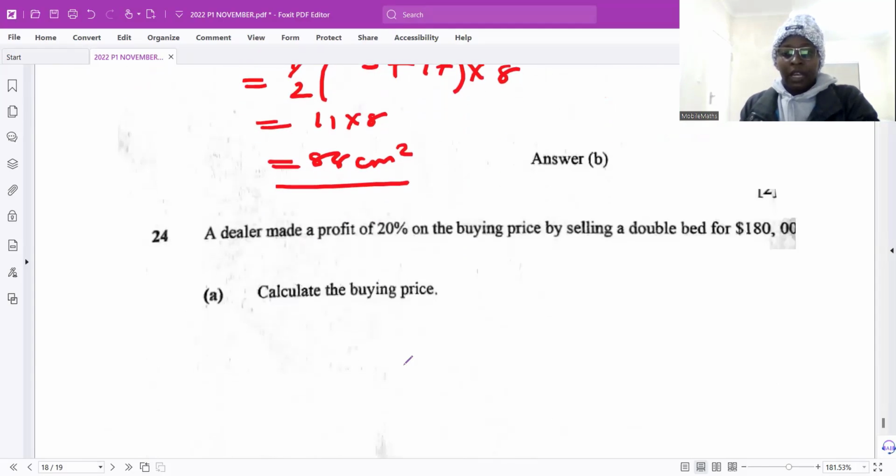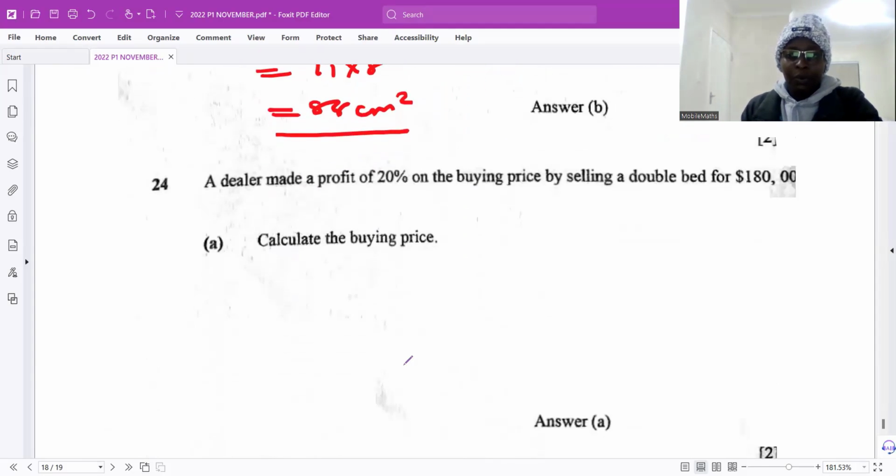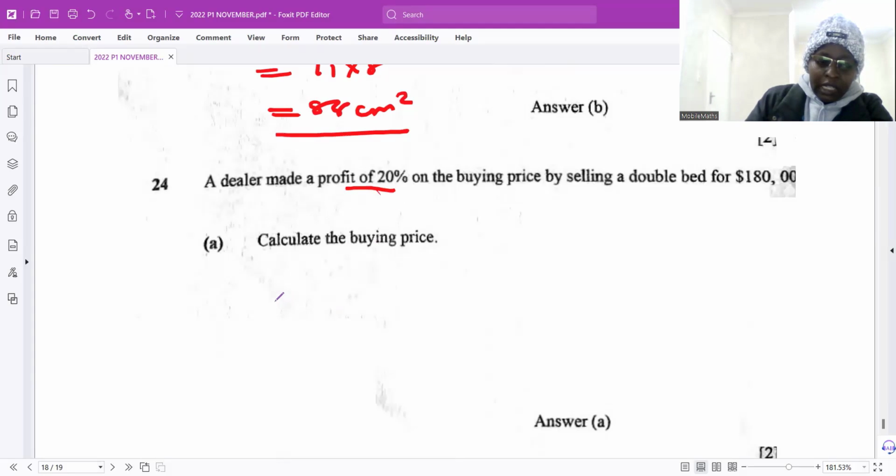Okay. Last question, number 24. A dealer made a profit of 20% on the buying price by selling a double bed for $180. Calculate the buying price. So if he made 20% profit, I can say the buying price was 100%, the selling price is 120%.